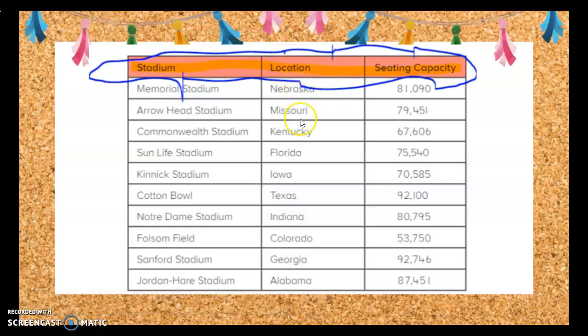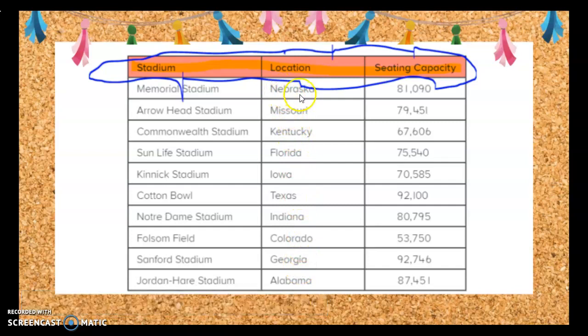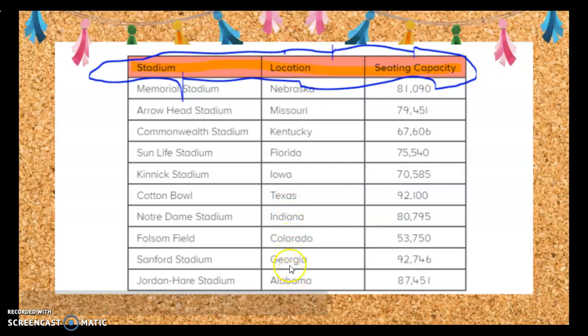So what that means is that all those words underneath that word location is where those stadiums are located. So we see that we have the name of different states here. So Nebraska comes first, Missouri, Kentucky, Florida, Iowa, Texas, Indiana, Colorado, Georgia, and then finally Alabama.